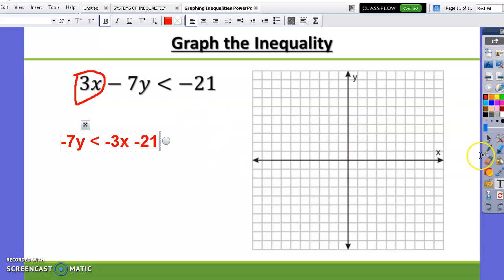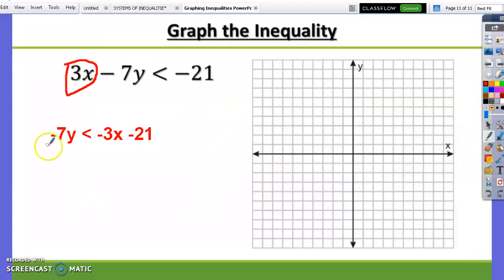Now, this is what I was talking about before. If you have a negative in front of y, that means that you're going to be dividing everything here by a negative. If you divide over the inequality by a negative number, you have to flip your inequality.